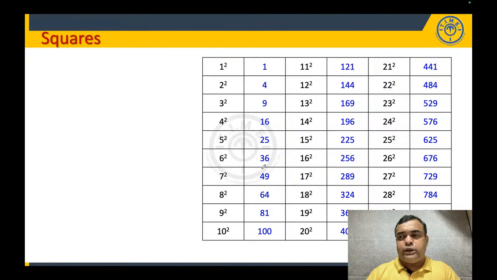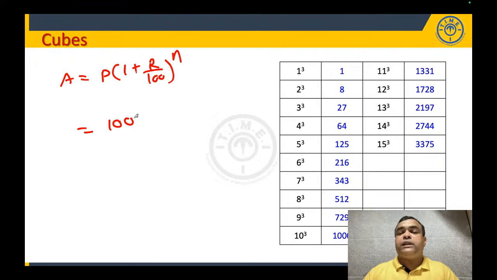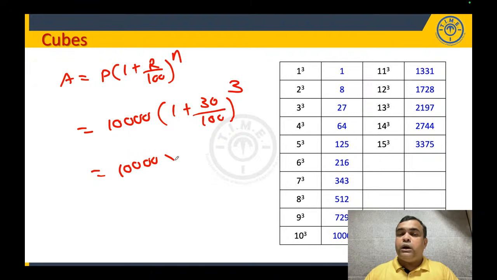For example, I just give another example. I should know the cubes. So suppose you have a compound interest formula. Amount is P (1 + R/100) the whole raised to N. Your principal is 10,000. Rate of interest is 30%. I'm doing it for 3 years. Here I'll get 1.3 the whole cube.